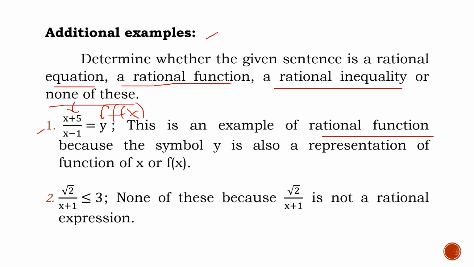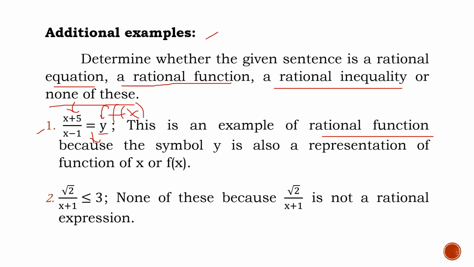Why? Because there's an equal sign here between your left side and right side. One side is a fraction where both your numerator and denominator are polynomial functions, and the other side is y. This y can be used to replace f of x.